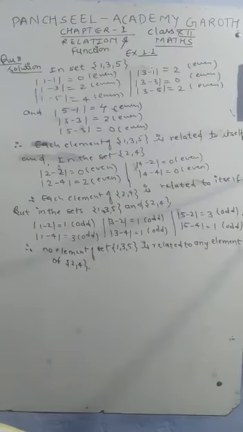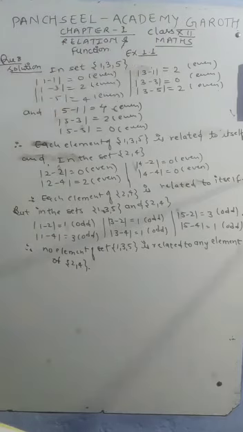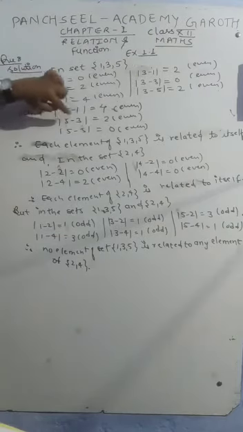Now again, in the set 1, 3, 5, the elements are related to each other. It means that if we consider this set as A and find the Cartesian product of this set with itself, then the following ordered pairs are possible: 1, 1; 1, 3; 1, 5; 3, 1; 3, 3; 3, 5; and 5, 1; 5, 3; and 5, 5.